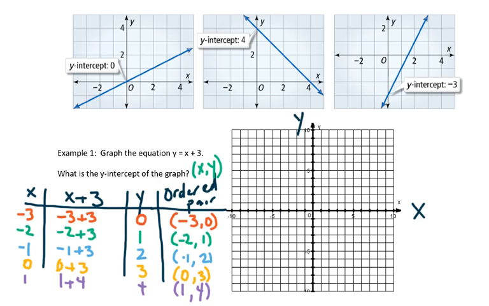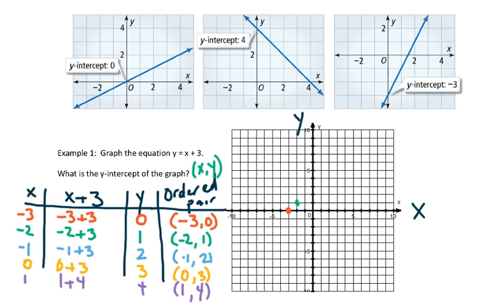So -3, 0 is on my graph. If I plot the point -2, 1, I'm going to go -2 on my x value, 1 on my y value, so it's right there. So I'm going to put the point right there.